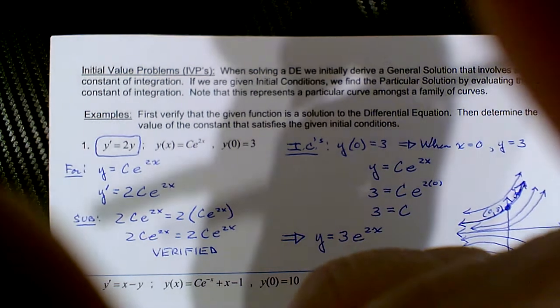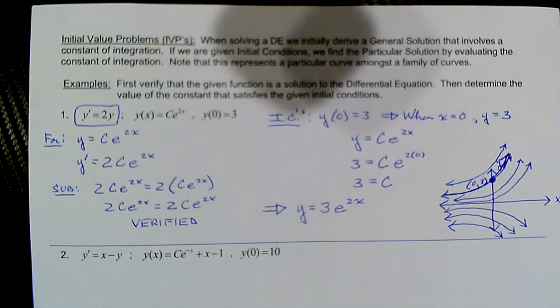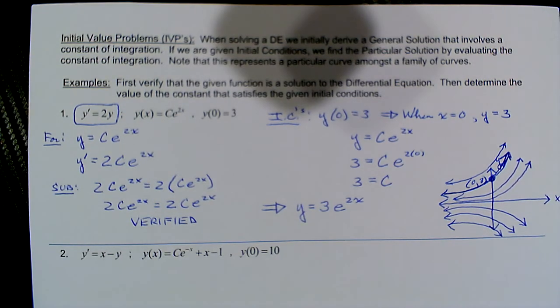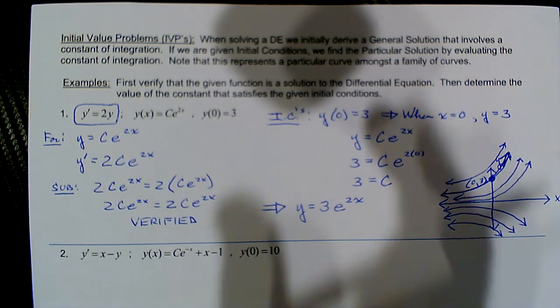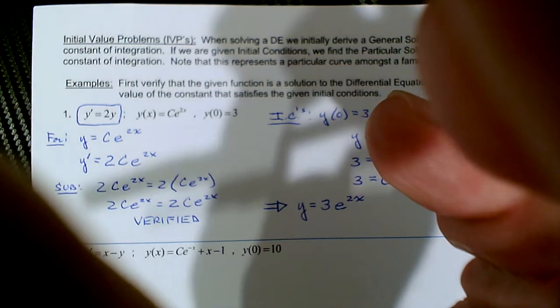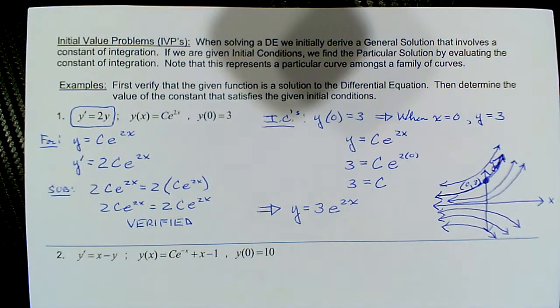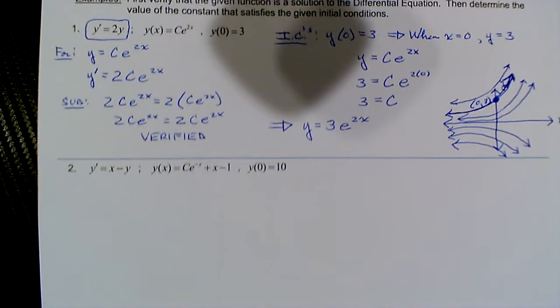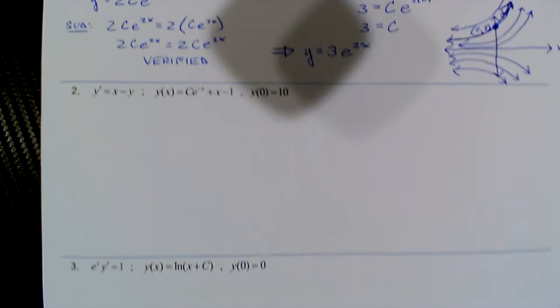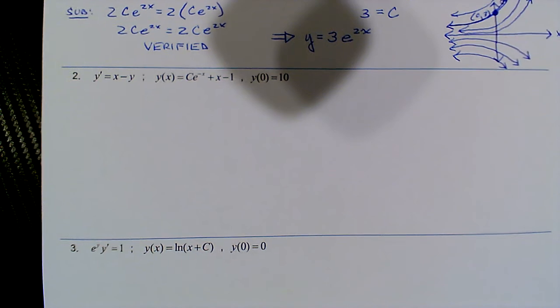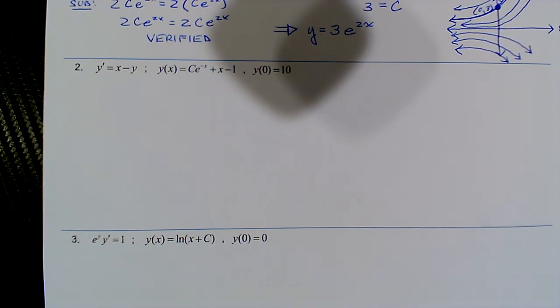Sorry, that's a little blurry there. Okay, so that's the idea. You're not going to have to really worry about the graphing, just the verification, but of course it's nice to see the graphs. Okay, so here's another example.